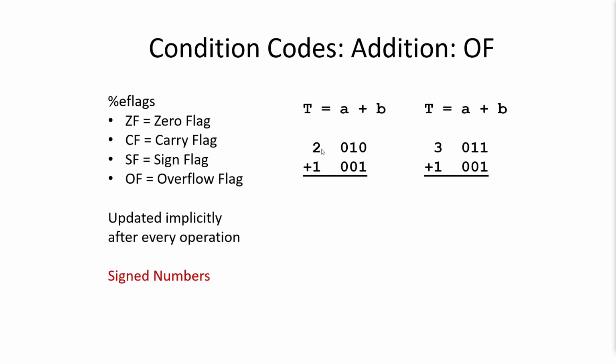So if I'm looking here, let me do some examples. If I'm looking at 2 plus 1, or 0, 1, 0 in binary plus 0, 0, 1, I'm going to get 0, 1, 1. That's 3, no problem, totally works. I get the correct answer.